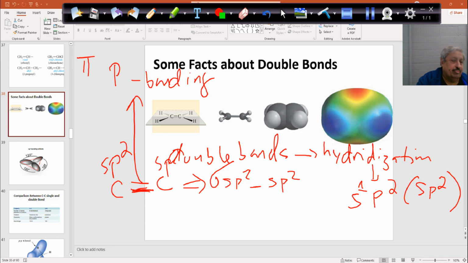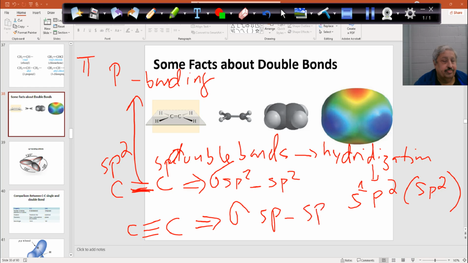When carbons come together to make the double bond or the triple bond, they have to come together with a specific hybridization to make this bonding. The triple bond is the same thing. The sigma bond is sp hybridization, correct?